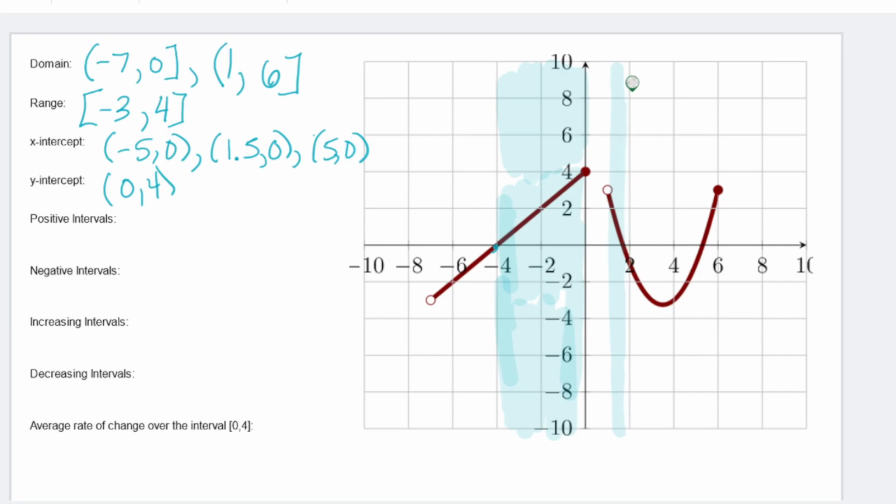Then that segment is also positive, and right here is also positive. So when I go to describe my positive intervals, I'm going to describe 3 separate intervals because there's 3 parts that I colored that are above the x-axis.